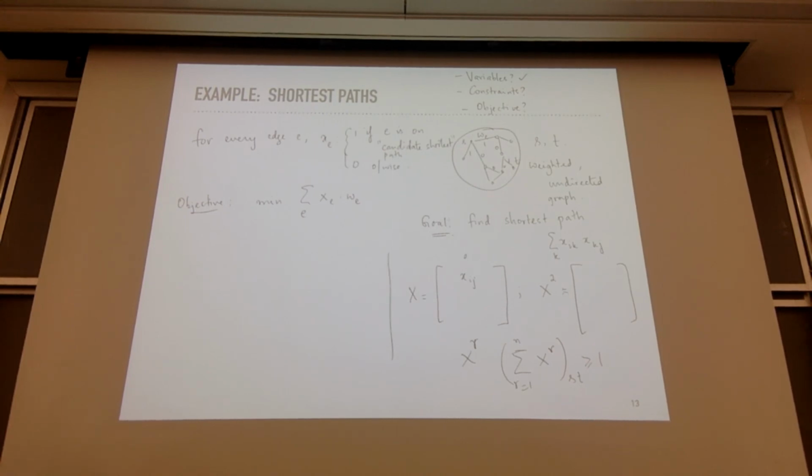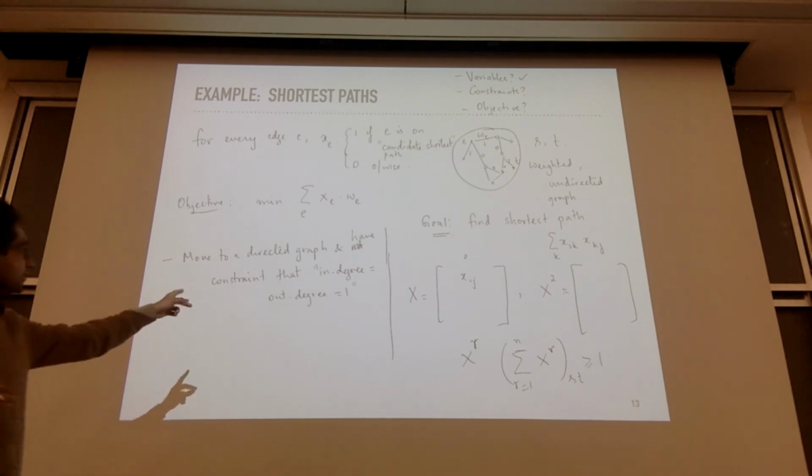The other solution that we got is maybe move to a directed graph, and have a constraint that in degree equals out degree. So this was the other idea.